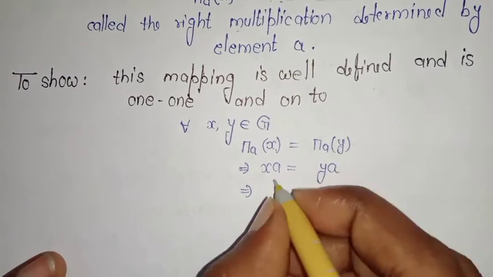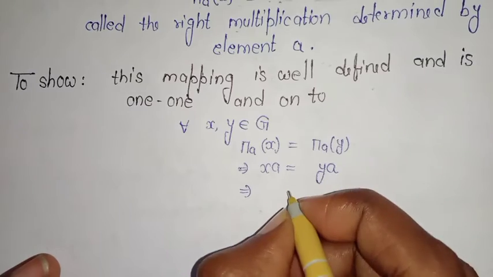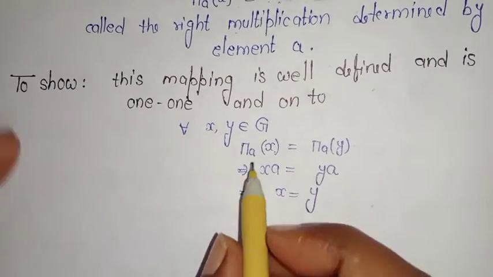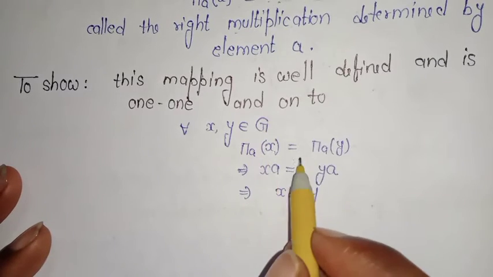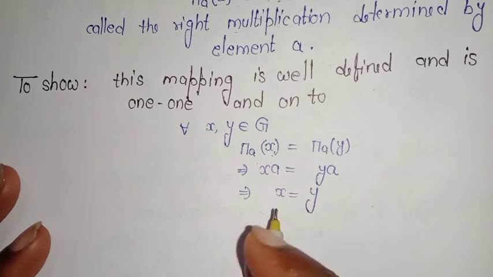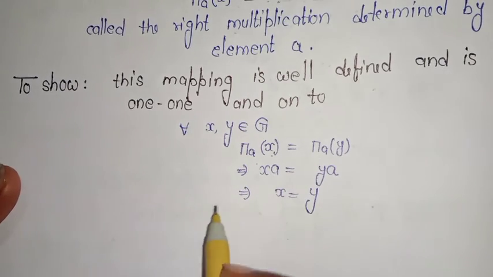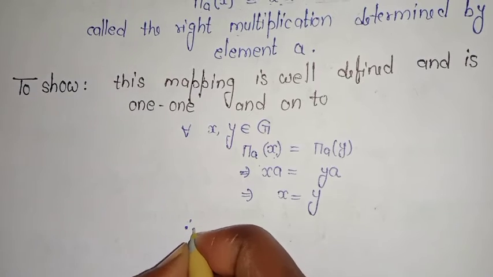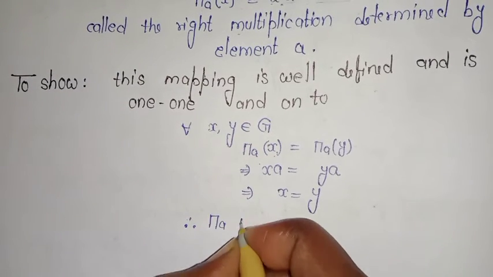By the right cancellation law, a gets cancelled, so we get x = y. So for the same images of two elements, the elements are also the same, and the 1-1 condition is satisfied. So we can say that pi_a is 1-1.